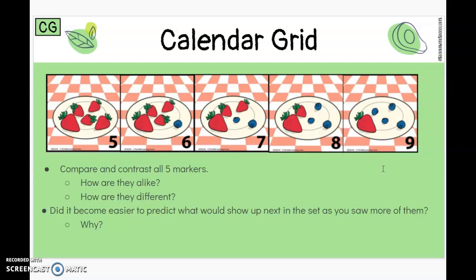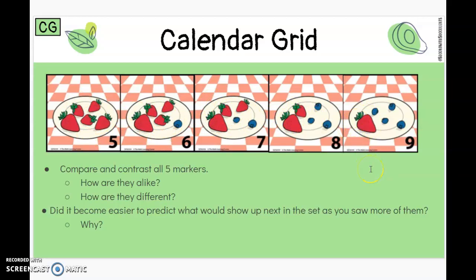I want you to think about, how are they alike? Let's compare and contrast our markers. How are they different? Now you may have been noticing a few things. Well, you may have noticed that one thing they have in common, or that's alike about all of them, is that each picture has strawberries on a plate.